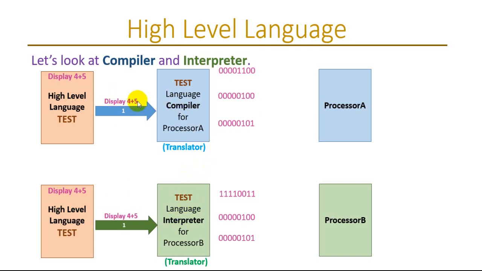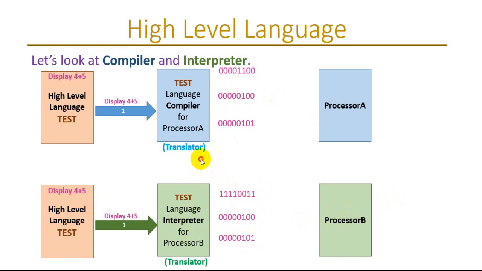They translate. This compiler will translate to add 4 and 5, where add is this processor's add. This interpreter also will translate to this processor's add 4 and 5. Okay, this translation is done.